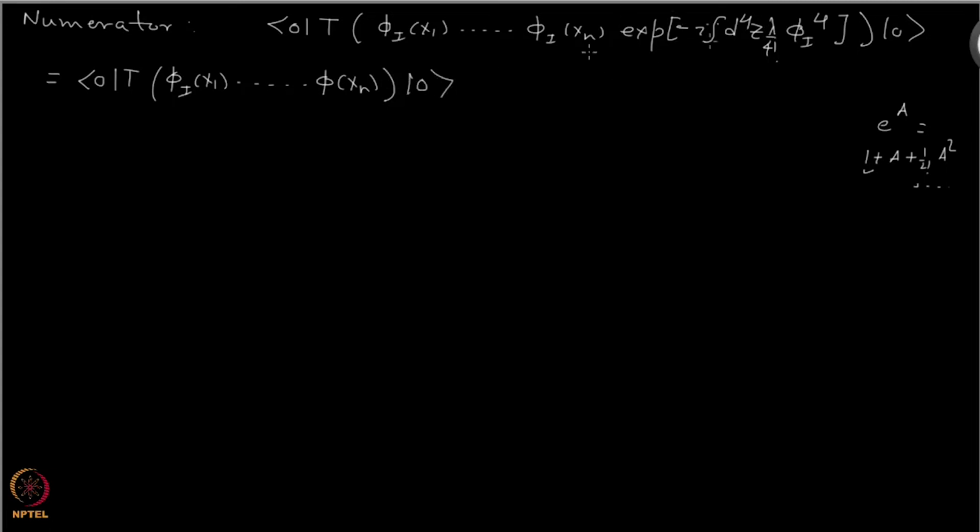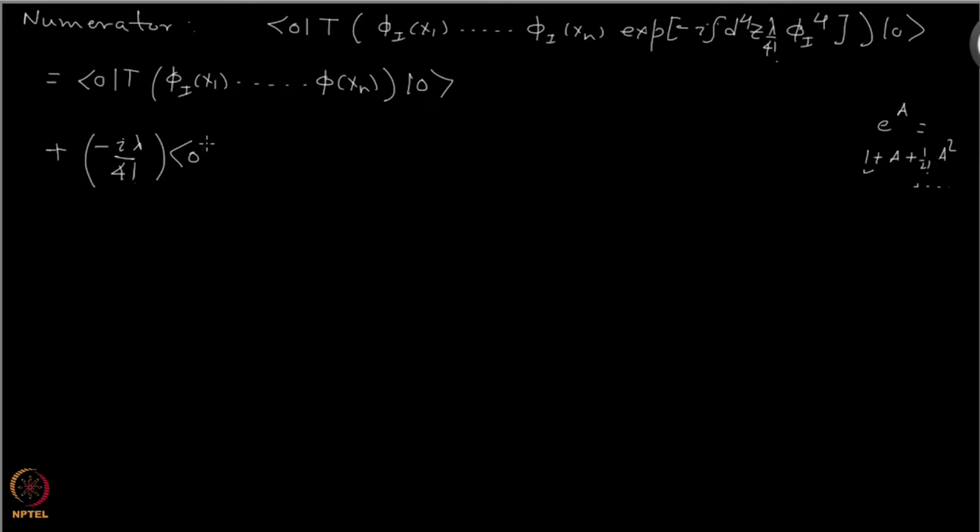Then the second term comes with a factor of minus i lambda over 4 factorial, and then you have one factor of this operator.